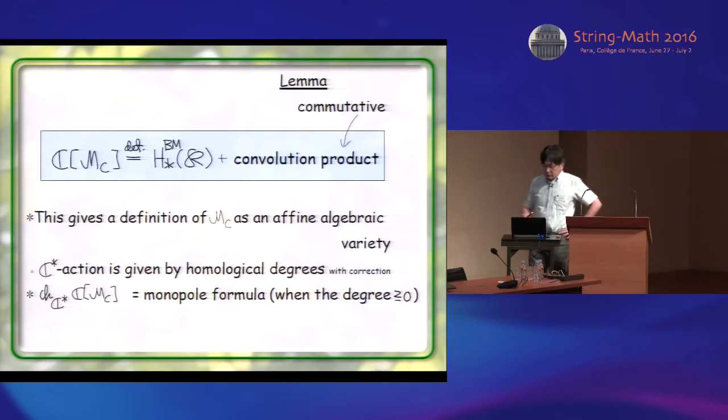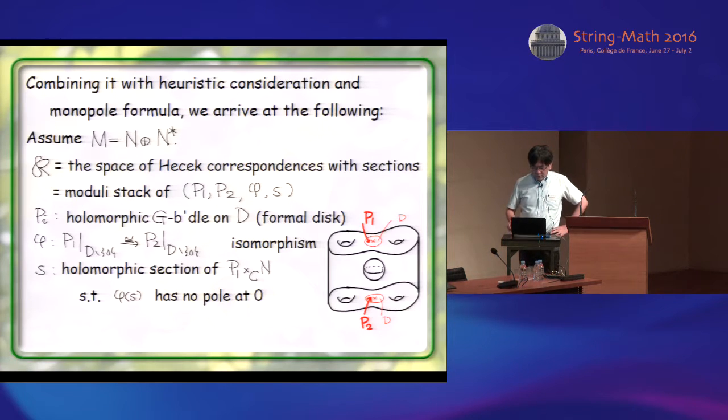So this is the usual definition. You consider P1 and P2 and also another bundle, P3, and the section is a common section of P1, P2 and P3. Then you have maps into P1 and P2, P2 and P3, and P1 and P3. By using this diagram, you can define the convolution product. So this is the usual definition.